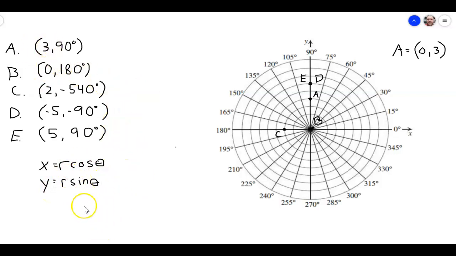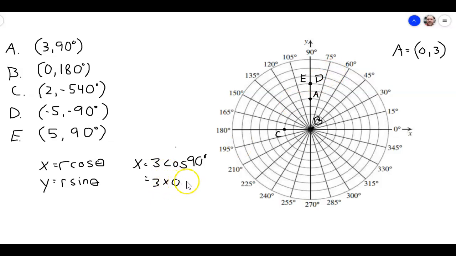So for A, let's plug the values in. X is equal to my radius, r, which is 3, times the cosine of 90 degrees, and that's equal to 3 times the cosine. What's the cosine of 90 degrees? That's the x value at 90 degrees, which is 0, right?